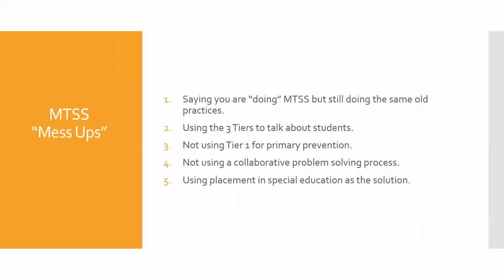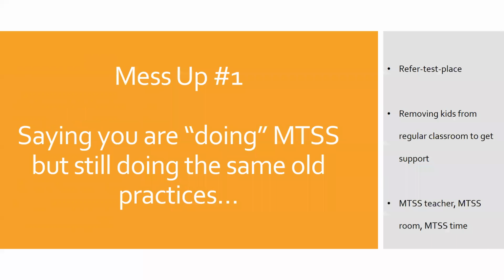Number 3, not using tier 1 for primary prevention. And tier 1 is really that core instruction. The 4th mess up we often see is not using a collaborative problem-solving process. And the 5th one we're going to talk about here is using placement in special education as the solution for not seeing the growth from students. So each one of these, quote, mess ups, we're going to dig a little deeper on throughout our presentation.